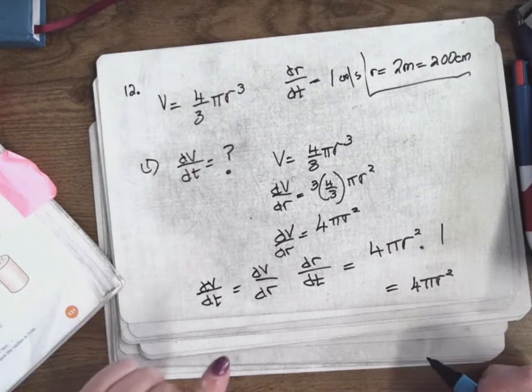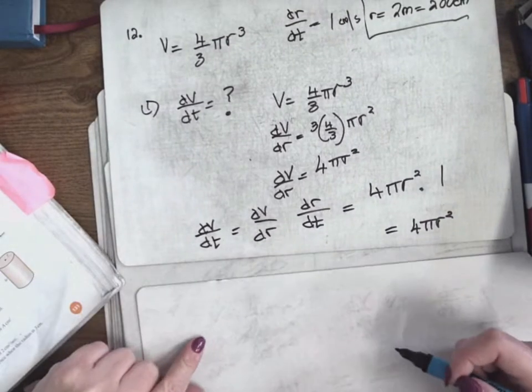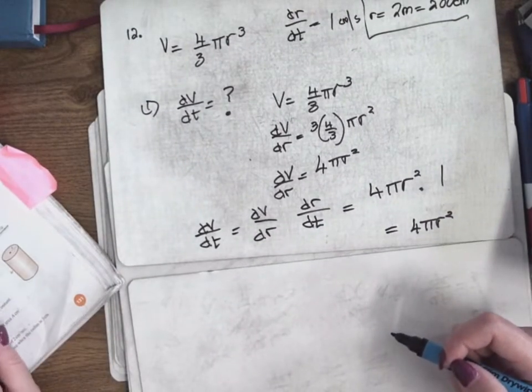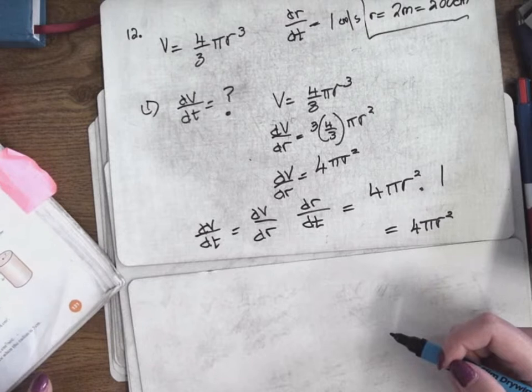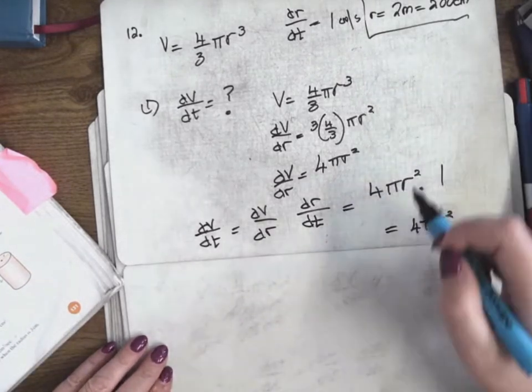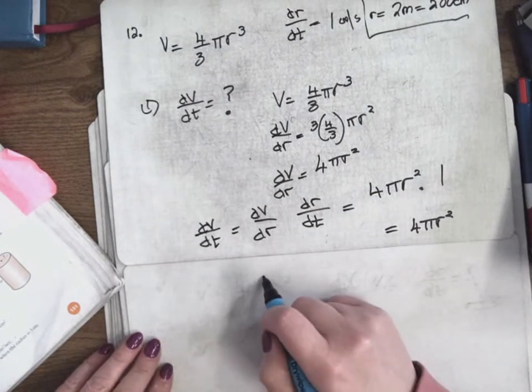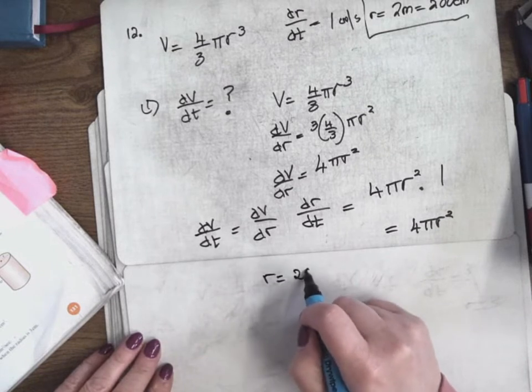Now, I think I need to substitute for r, because it's at that moment. Find the rate at which the pump is working, the rate of change of volume, when the radius is 200. So I fill in r equal to 200 into that.